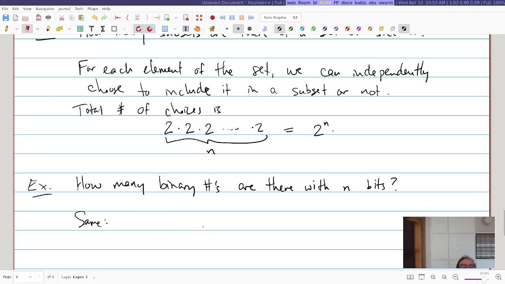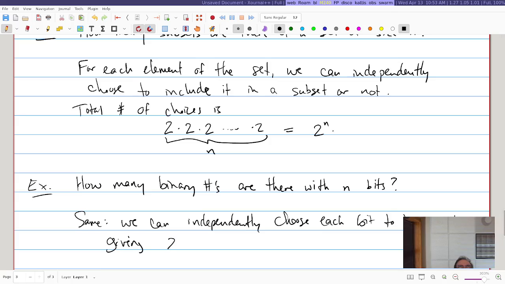We can independently choose each bit to be 0 or 1, so given n bits, 2^n choices.